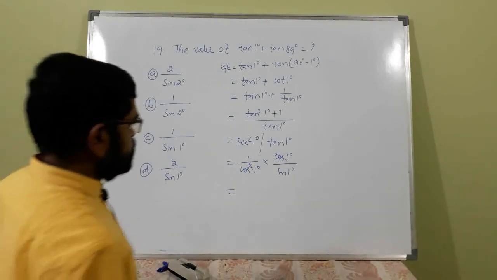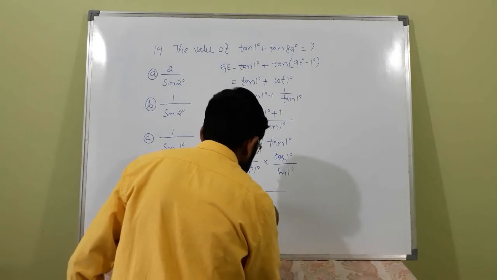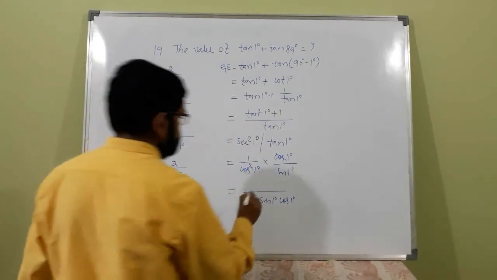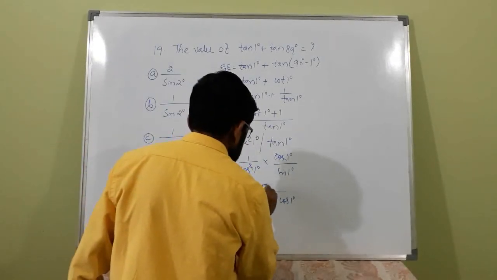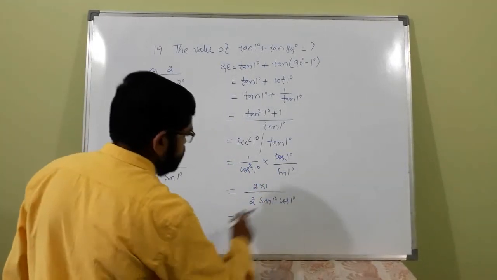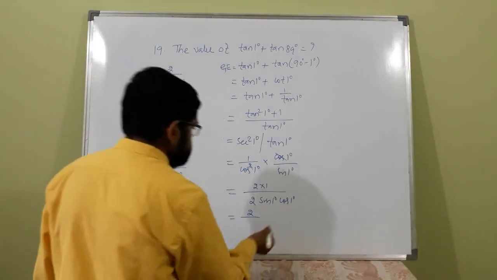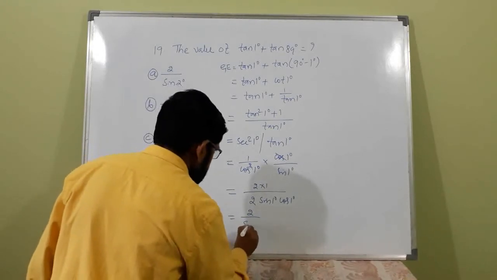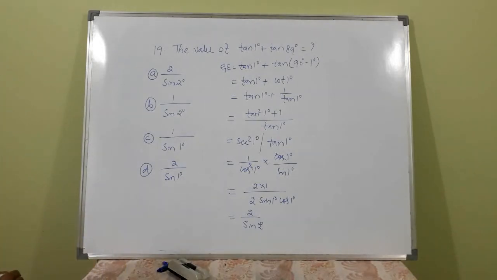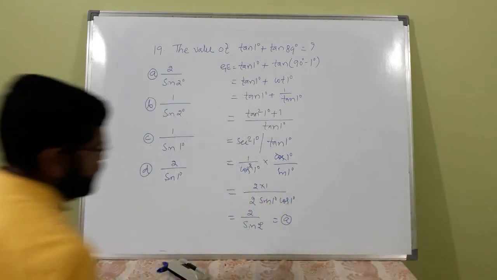If you multiply this by 2, sin 1 degree cos 1 degree, then to balance you have to multiply the numerator also. 2 sin θ cos θ is sin 2θ, so 2 divided by sin 2 times 1 degree, or sin 2 degree. So A is the correct answer.